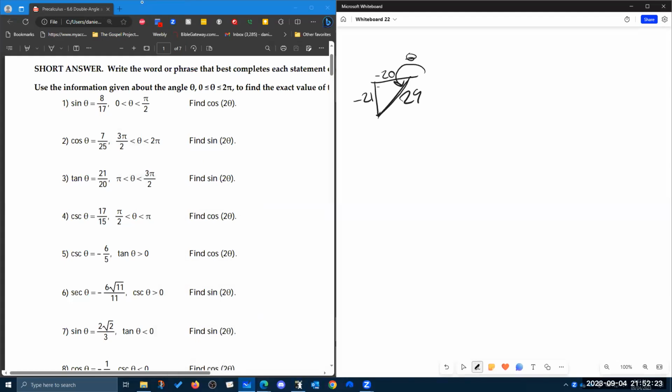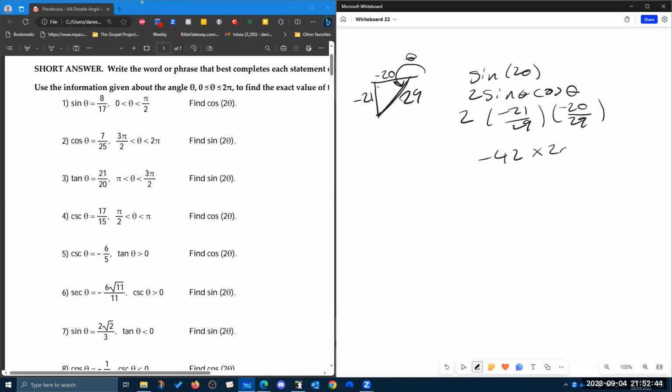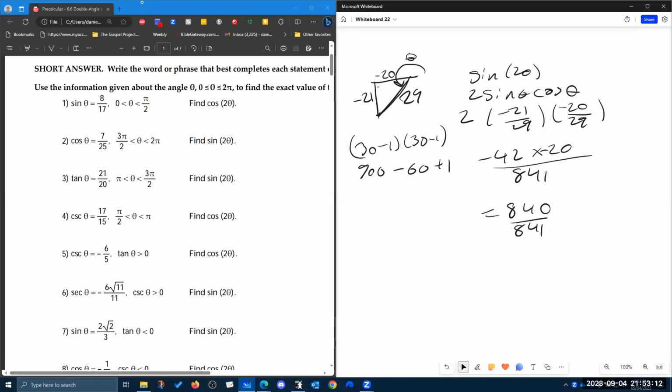And now find sine 2 theta, 2 sine theta cosine theta: 2 times negative 21 over 29 times negative 20 over 29 is negative 42 times negative 20 over 29 squared, which is 841. And this is a positive 840. Okay.